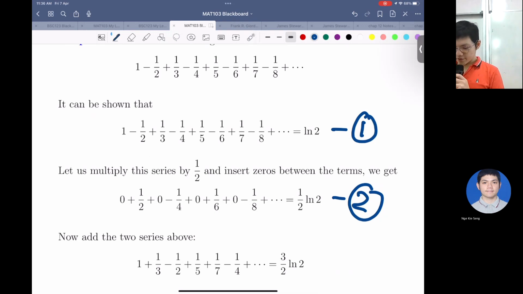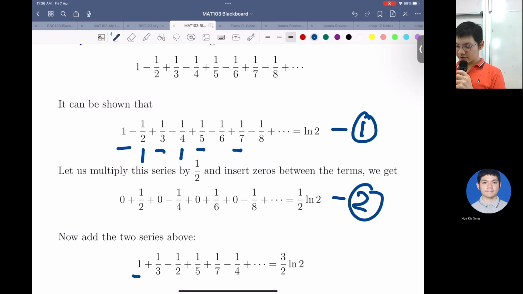You can see that we go from 1 to 1/3, then back to 1/2, then continue with 1/5, 1/7, and then go back to 1/4.